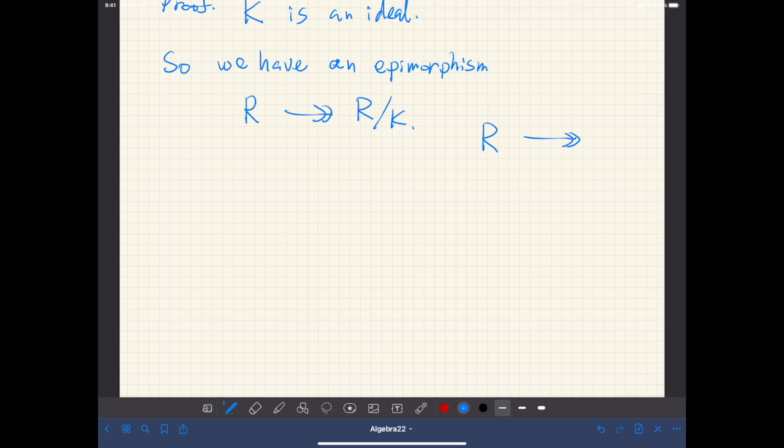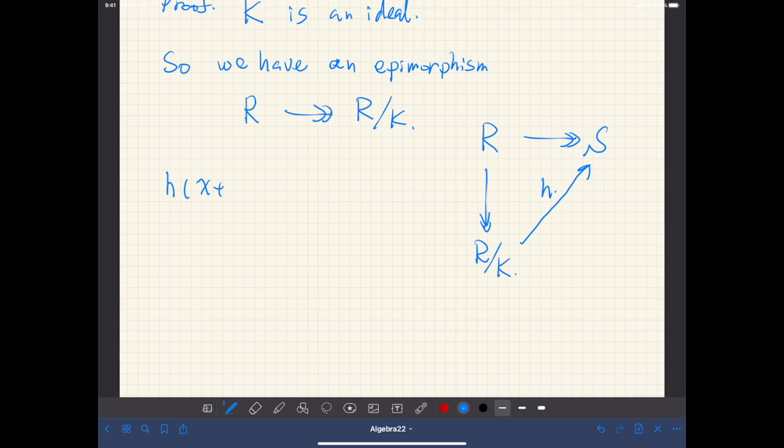We have an epimorphism from R to S, and another epimorphism from R to R by K. Now we define a mapping from R by K to S, called h, as follows.